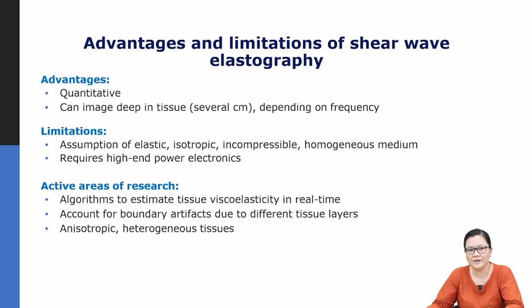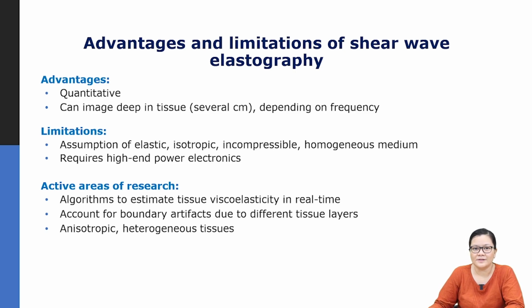If you use higher frequency, then you would be able to image only at lower penetration depths compared to when you're using lower frequency. Typically, elastography is done between 2 to 7 megahertz ultrasound frequencies. Again, this depends on the application and which organ you're trying to image.